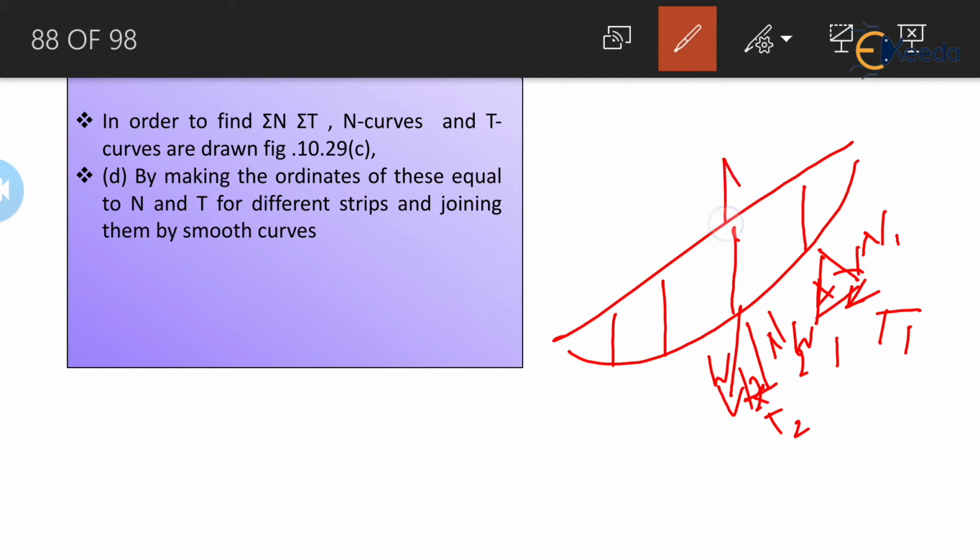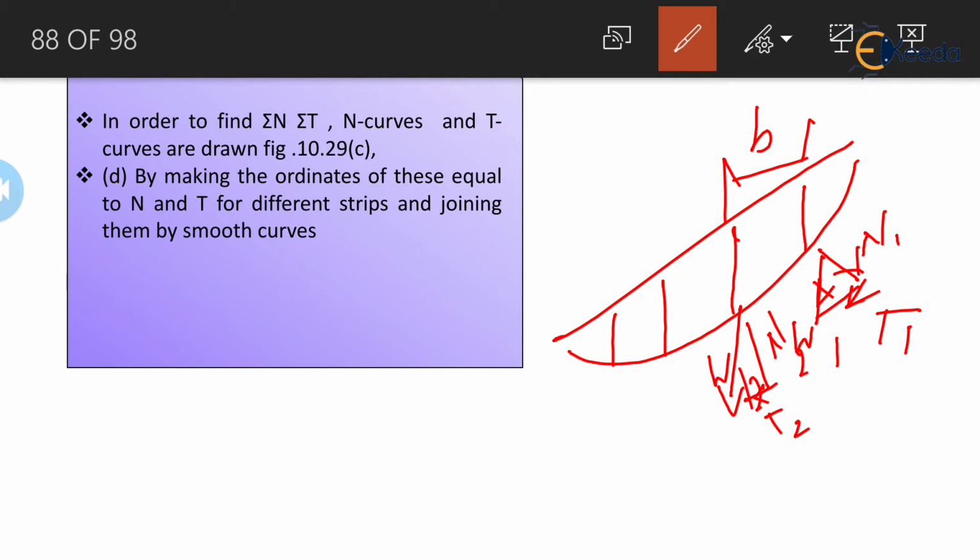For each strip we can consider, as already discussed, that the strip has a certain unit thickness and a width. Now by plotting this N curve and T curve, the area, if this is the slip circle that we can develop by using the trial slip circle, then to find out the N value we have to use the rectangular plot method.